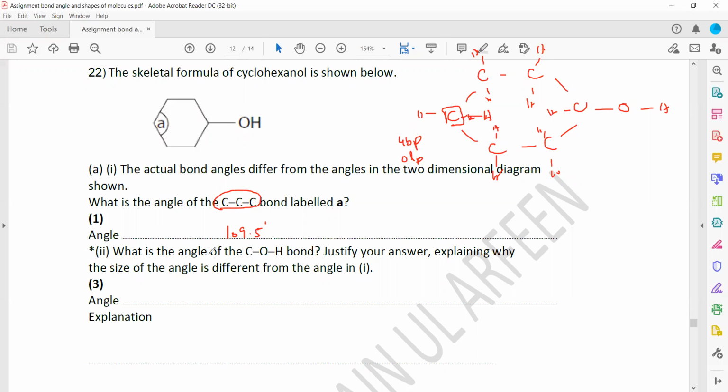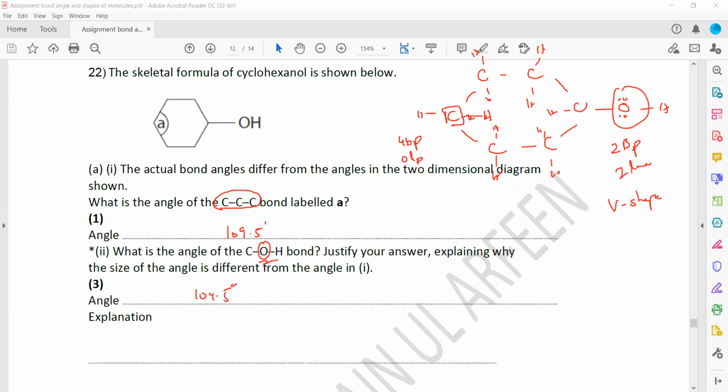Then the angle of C-O-H. Oxygen is the central atom here. Oxygen belongs to group 6 and shares 2 electrons, so there are 2 bond pairs and 2 lone pairs. With 2 bond pairs and 2 lone pairs, it is a bent or V-shaped structure with a bond angle of 104.5 degrees.